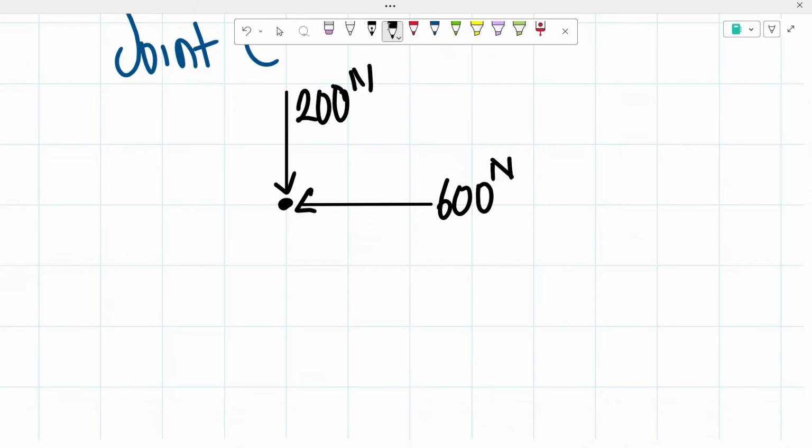I'm going to assume that they're both in tension for right now, so I'm drawing the forces going outwards. We're going to call this force CD since it's the bar CD, and this one is going to be force BC. We'll draw these in a different color.